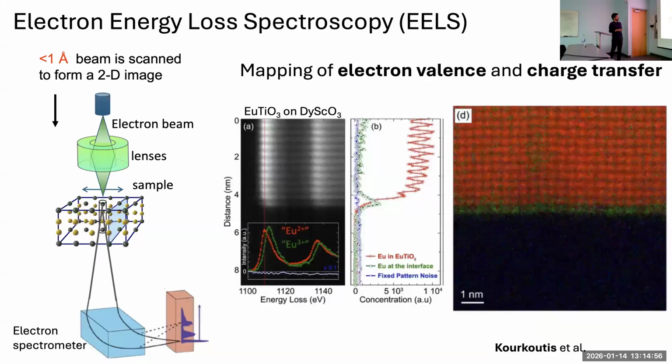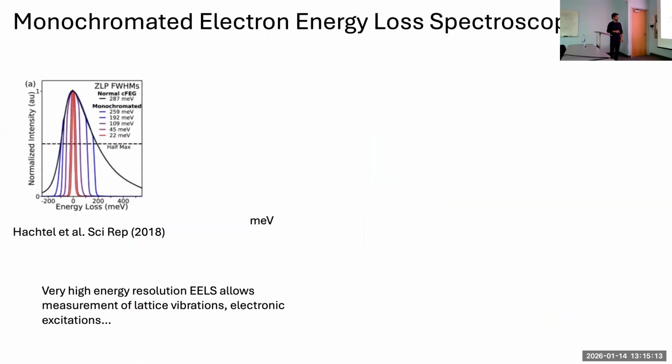For EELS, typically the electrons coming out of the gun will have an energy distribution of about 300 milli-electron volts up to 1 eV, at 1,000 milli-electron volts, which is sufficient for mapping this sort of core loss excitations in materials that can do chemical mapping.